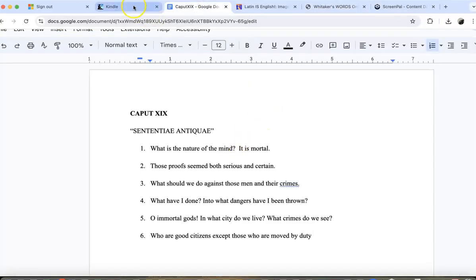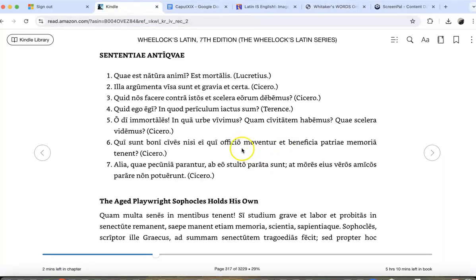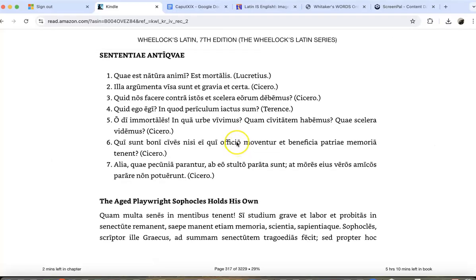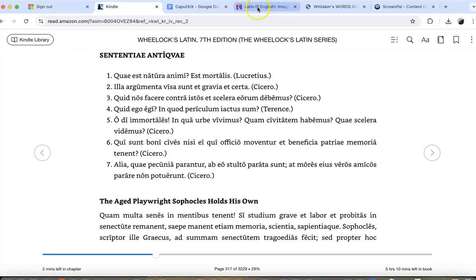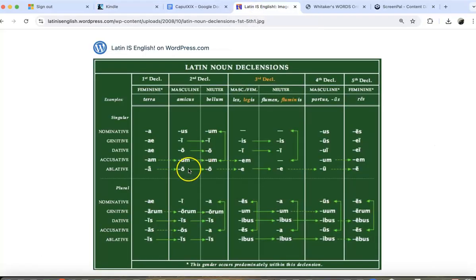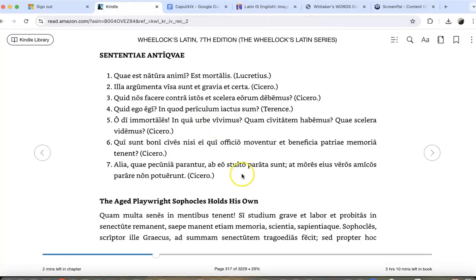But then by duty, and so that is the ablative of means. So officio, because officio is second declension, so second declension ablative is o. So officio means by duty. One of the challenges with the ablative, of course, is getting the right preposition, but oftentimes by, from, or with, if you trial and error one of those three, you'll get the right equivalent in English.